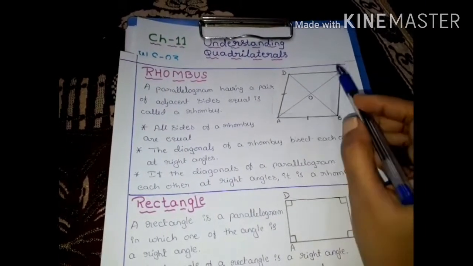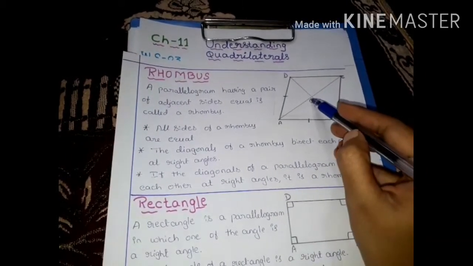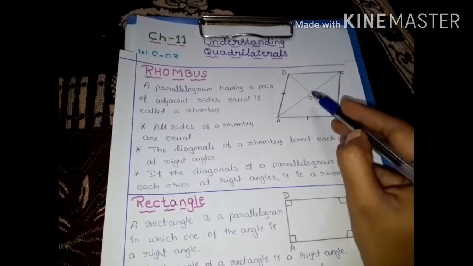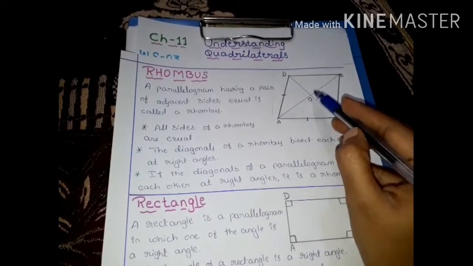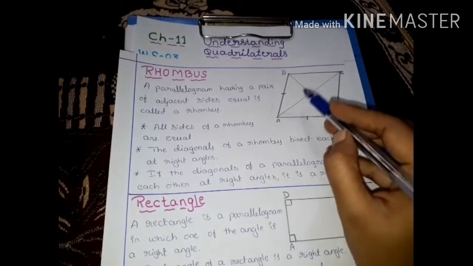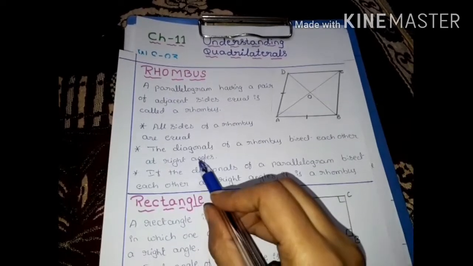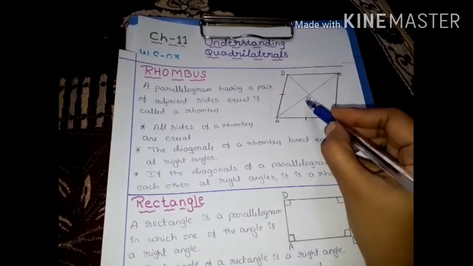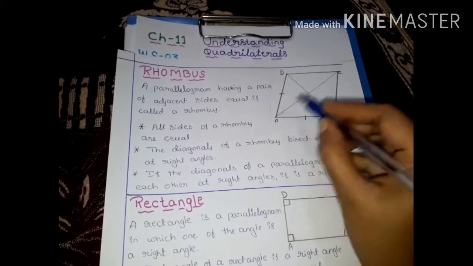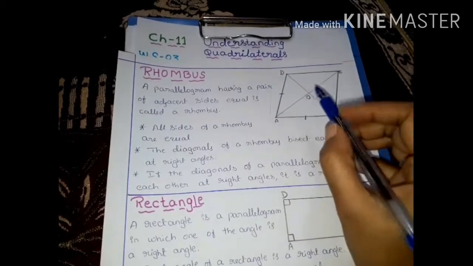The diagonals of a rhombus bisect each other at right angles. Bisect means both the diagonals divide each other into two equal parts, and also form a right angle. Here AC is one diagonal, BD is another diagonal.